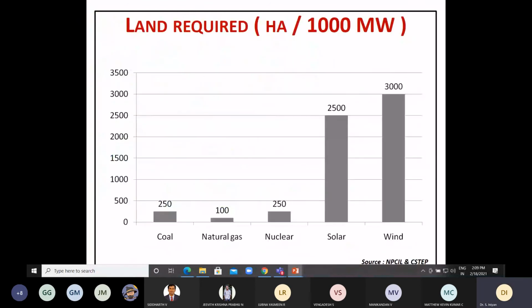Tell me why the land required is high for wind when compared with other renewable and non-renewable sources.